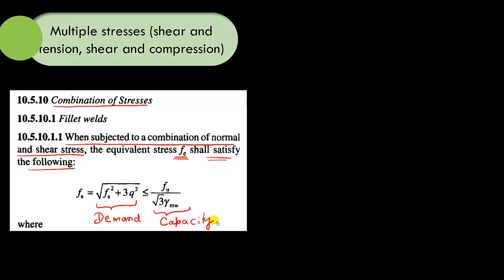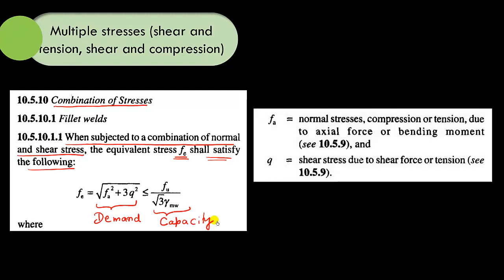Now let us discuss what the terms in this equation are. f_a is the normal stress, generated due to compression, tension, axial forces or due to bending action.